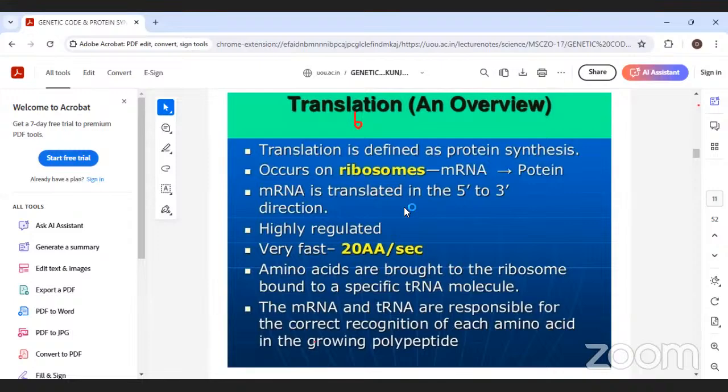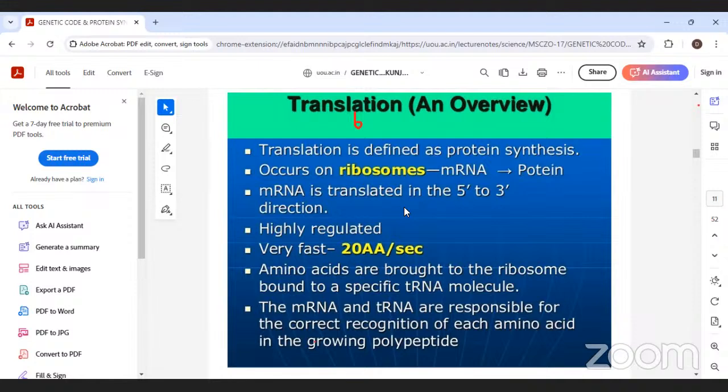The number of synthetases is, however, less than the number of tRNAs.